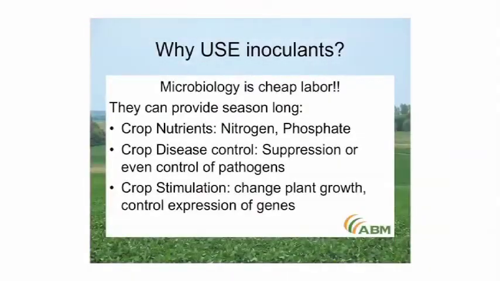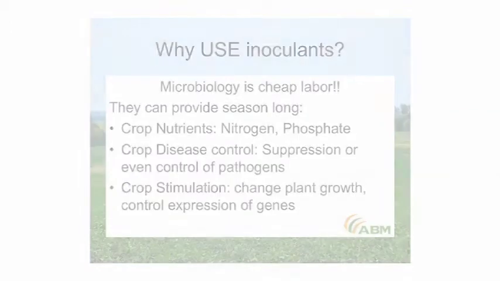But these microbes can free up phosphate, and other nutrients such as nitrogen. They actually can suppress or even control diseases such as Pythium, Rhizoctonia, Fusarium, season long. A lot of times when we think about disease control, we've identified an active ingredient and supplied it to the plant, and it has a very short half-life. Microbes can live with the plant the entire life cycle of the plant and control the pathogen.